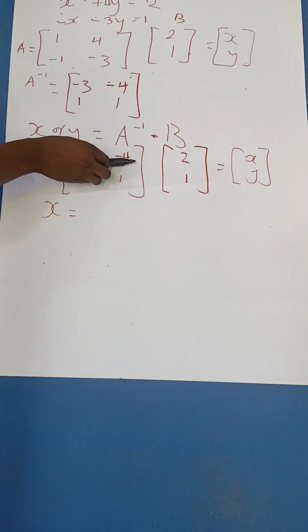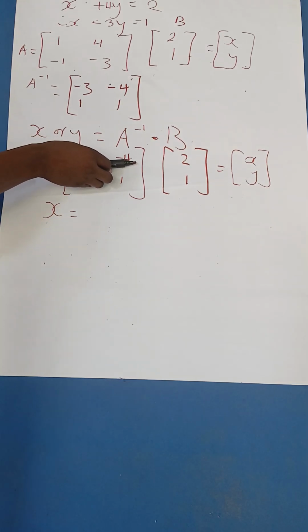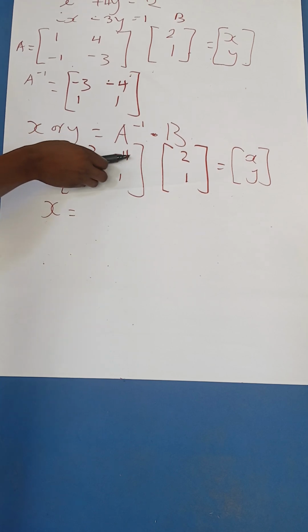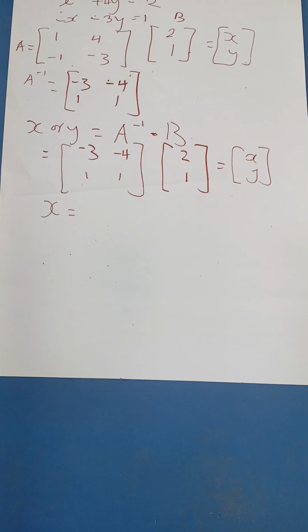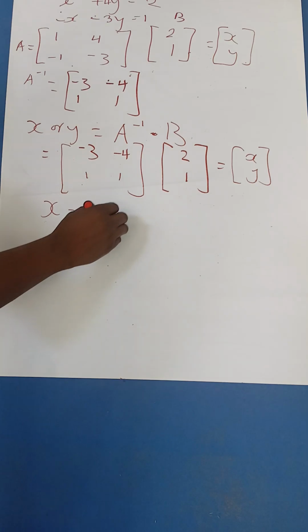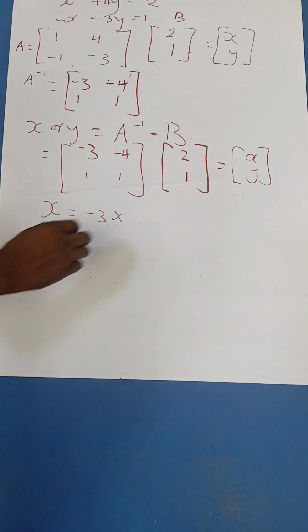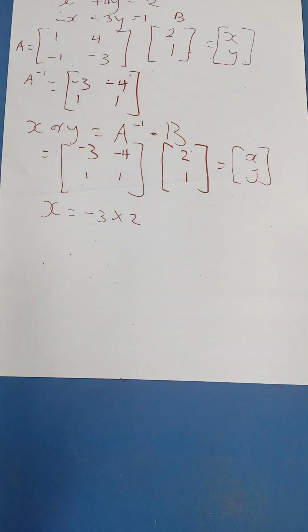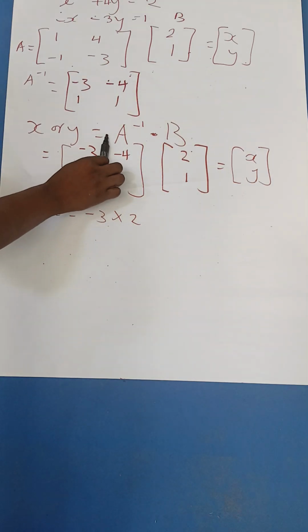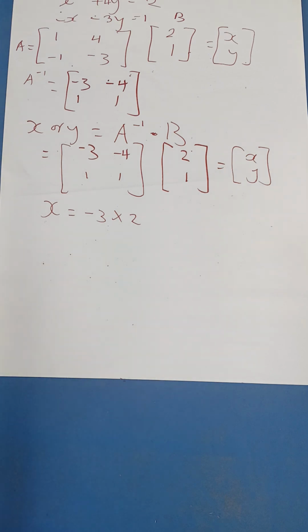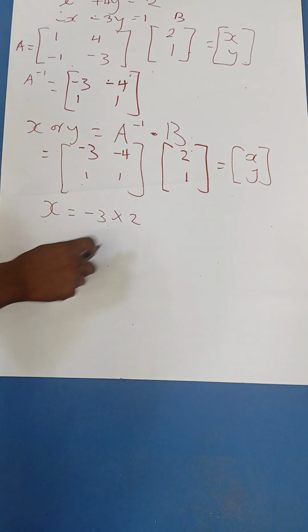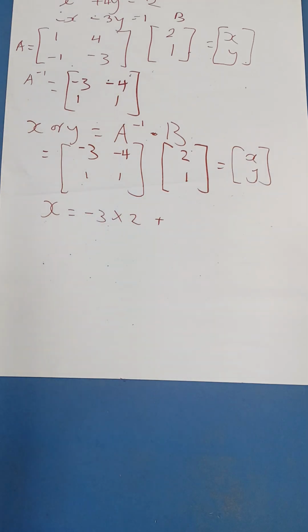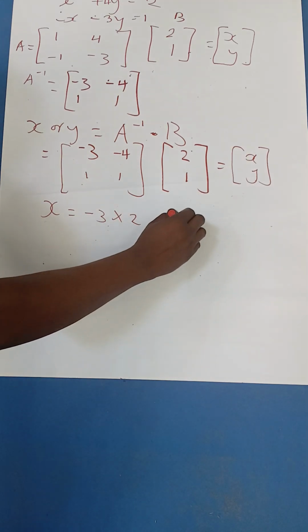We are going to multiply this row by the column. So we multiply -3 by 2, this by this. Then we add -4 multiplied by 1.